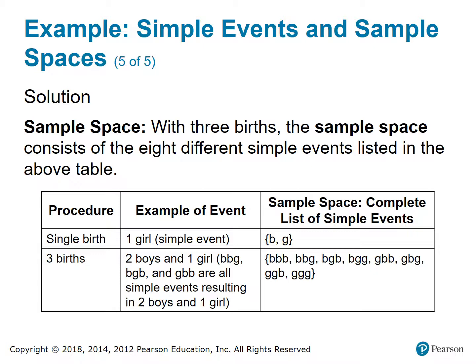And so again, the sample space with 3 births consists of the 8 different simple events listed in the table here. And you can come up with this table systematically by doing that little tree of all the events that we showed about 5 slides earlier.